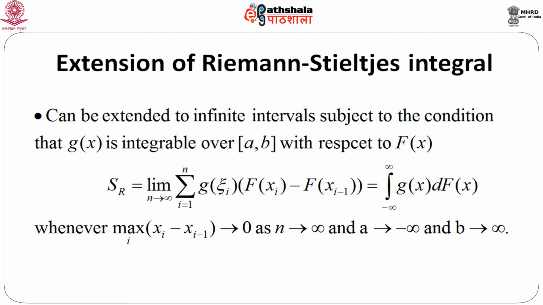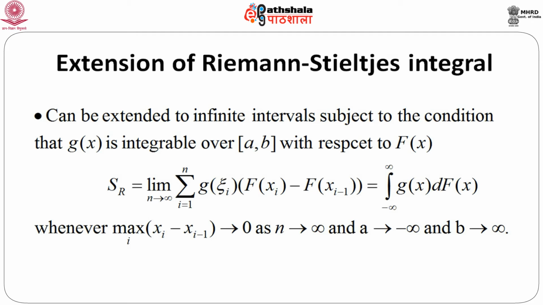So, under some conditions, whenever we let a go towards minus infinity and b go towards infinity, we can think of this as an integral, provided this limit exists, taking all these limits. That means, when n goes to infinity, a goes to minus infinity and b goes to infinity. If this exists, then we say that this is an extension of the Riemann-Stieltjes integral, made with respect to the interval of integration.